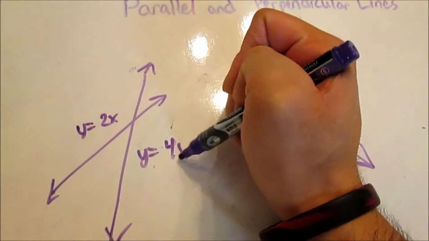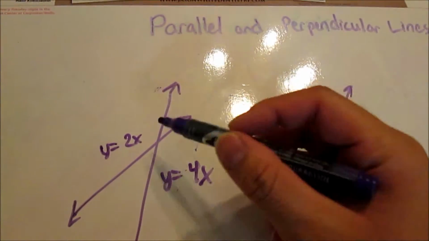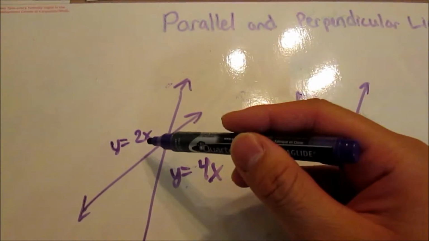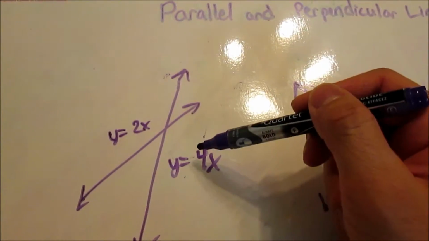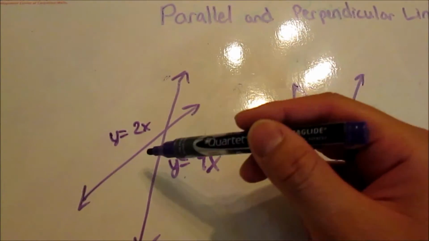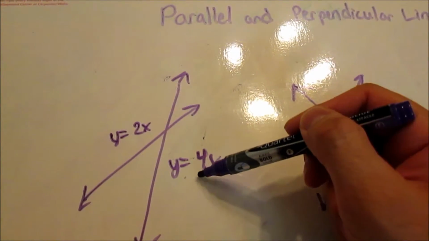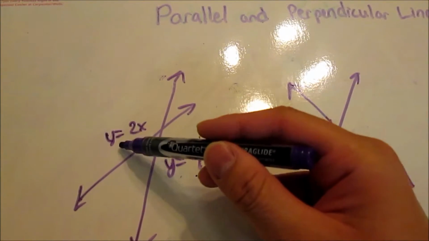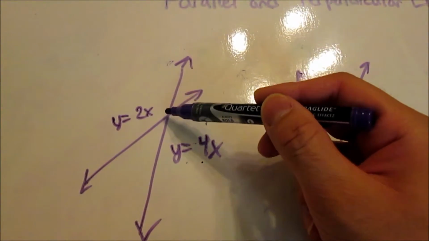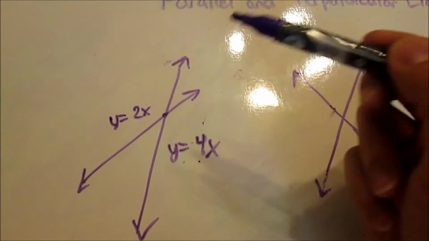Now, going back to what we talked about with parallel lines, if they didn't have the same slope, that means the two lines will eventually intersect somewhere. This second line with the slope of 4 is steeper than the first line with a slope of 2. So they're going to intersect. Let's say this is where they intersect.